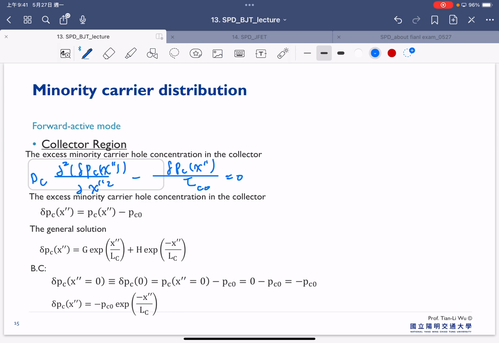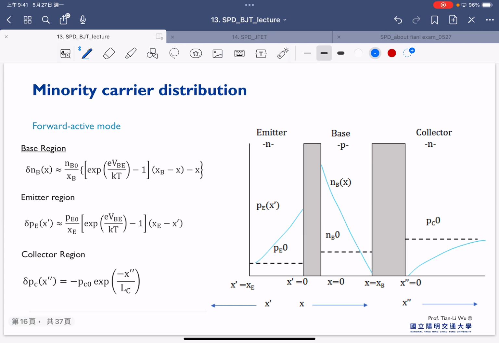In the end, most importantly, the conclusion is shown here. We have the excess concentrations in the base, emitter, and collector regions, and the equations are shown here. If you plot the curves based on these equations, they would be exactly equal to the curves we drew last time, for example the excess carrier concentration NB, and also here and here.